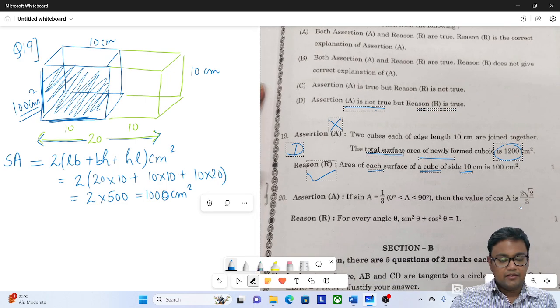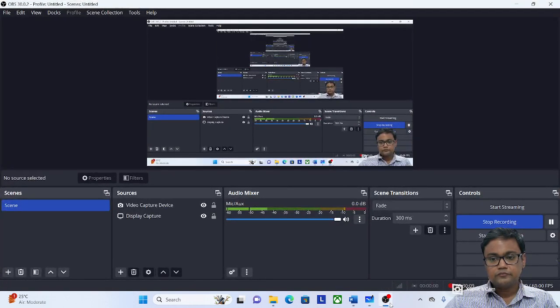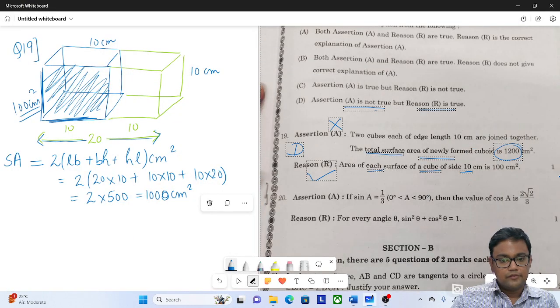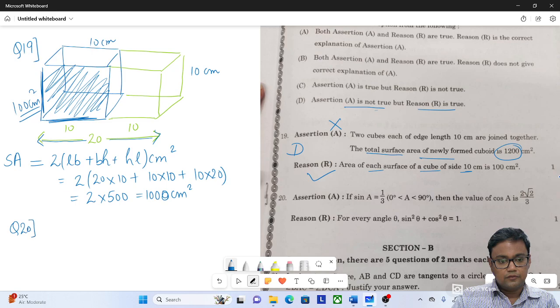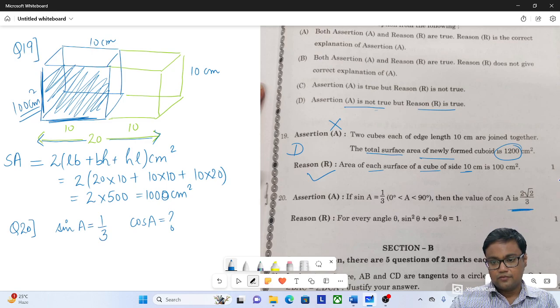If sin A is 1 by 3, just check this out, children. Sin A is 1 by 3, in the first quadrant, we have to find the value of cos A. Cos A, we have to verify, right?